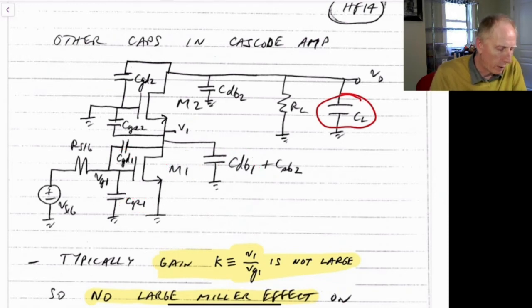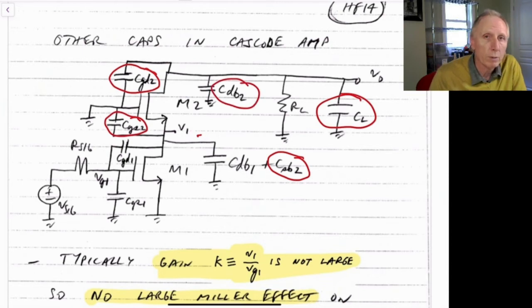Then we also add the extra capacitors for M2, which will be the gate to source of M2, the gate to drain of M2, the source to bulk of M2, so the capacitance here to ground, and finally the drain to bulk of M2.